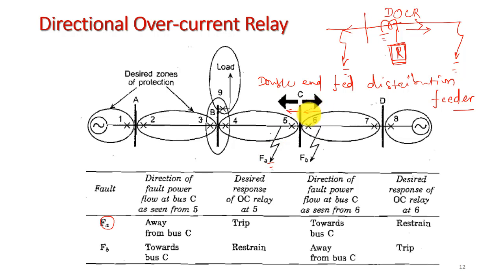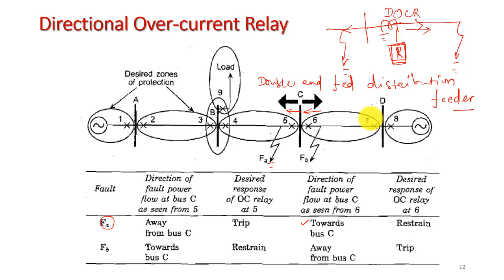It will be in this direction, that means towards bus C. Whereas when we look from relay 5 for fault FA, it will be away from bus C, while from relay 6 it will be towards bus C.